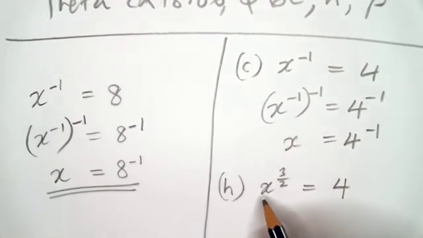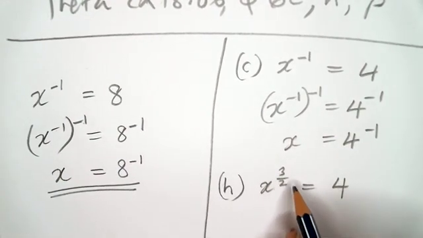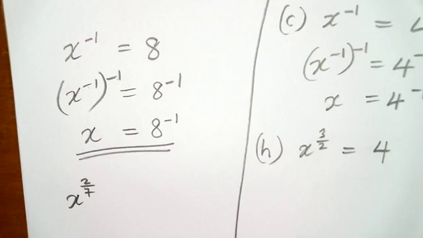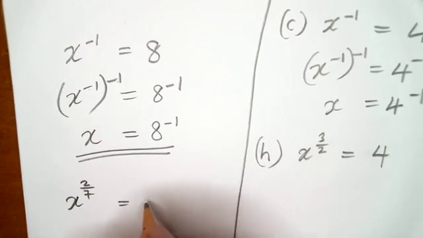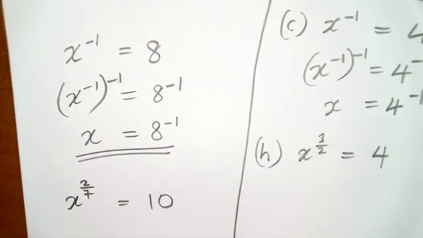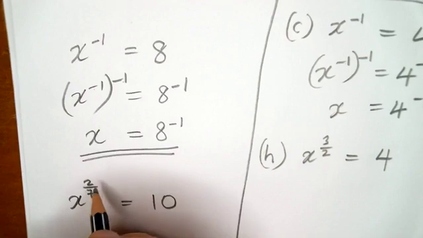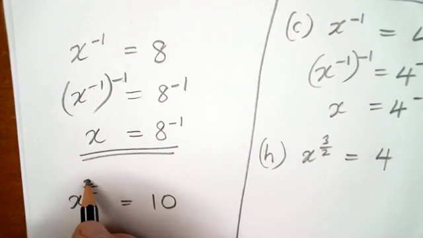All right, this next one I've got a fractional power. So let's choose a different one. Let's go x to the power of 2/7, for example. x to the power of 2/7 is equal to 10. Well, we want to find out what the value of x is. So in order to do that, I'm going to now take the reciprocal of this.